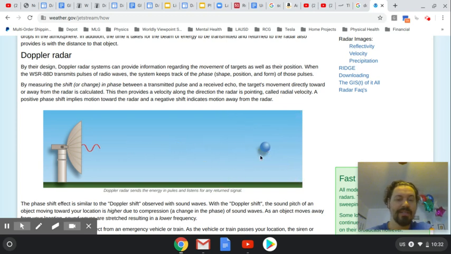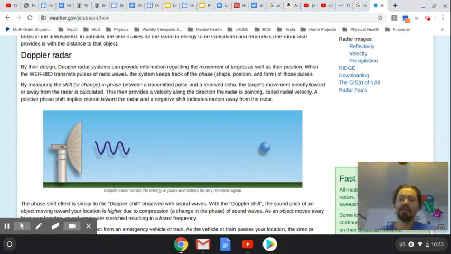And if this drop is moving and the wave hits it, it's going to send the wave back with a tighter waveform, so greater frequency, shorter wavelength. And so the dish will pick that up and go, aha, it's moving towards us. If it comes back with a longer wavelength, that means it was moving away.